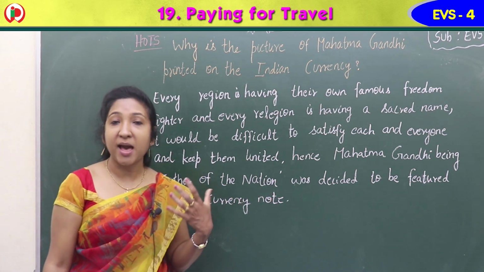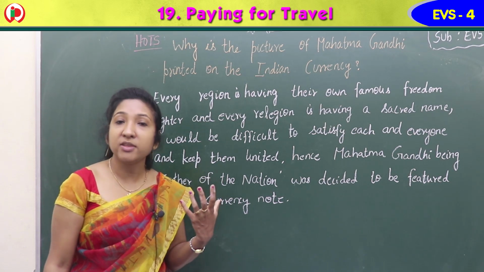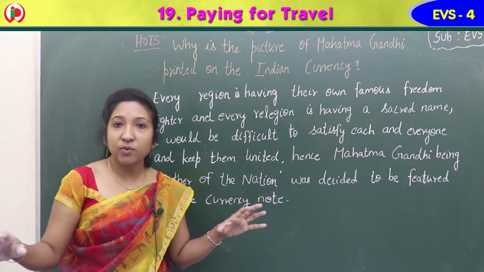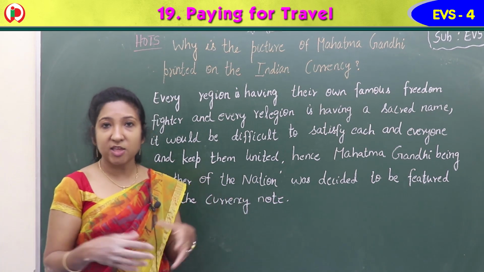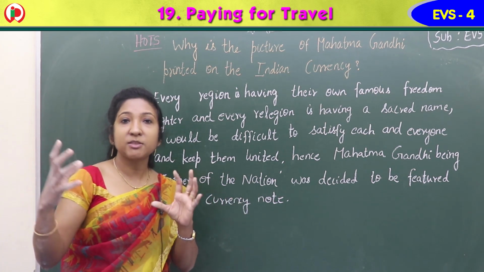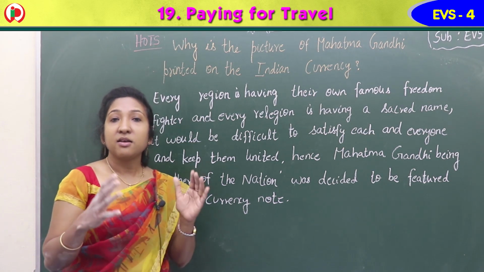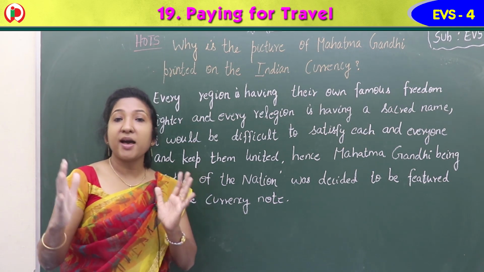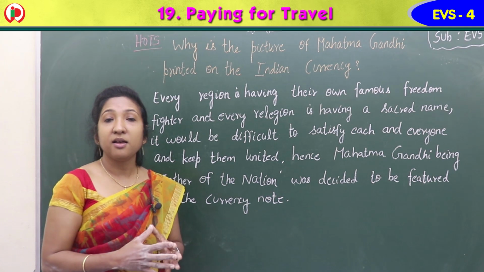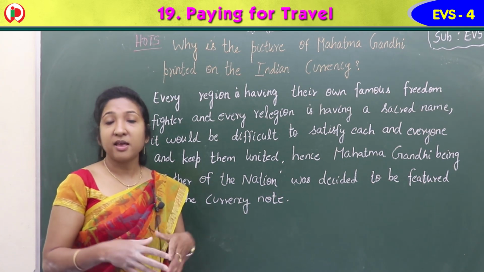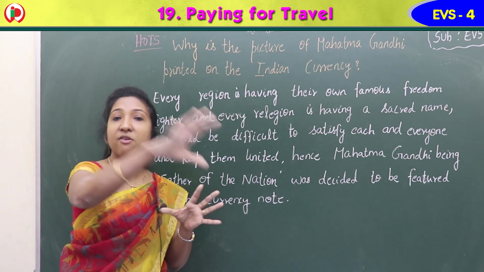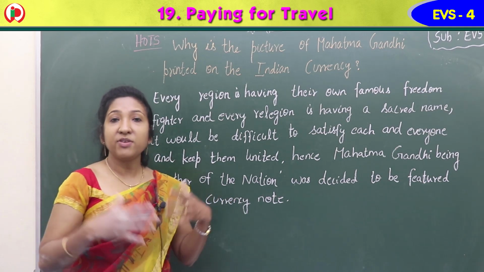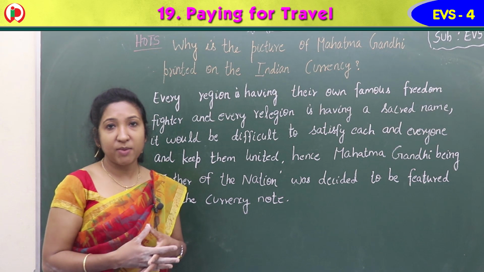So when we keep Mahatma Gandhi's picture on the Indian note, no one will have any complaints because he is the father of our nation. To avoid all these problems, they decided to keep Mahatma Gandhi's picture on the printed notes, because it is difficult to satisfy everyone. So we need to keep everyone equal.